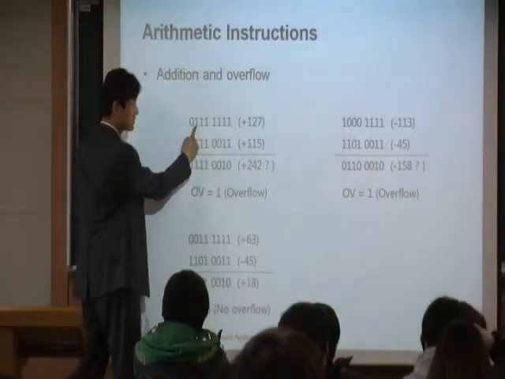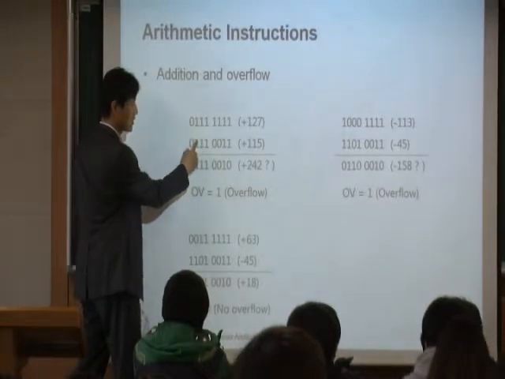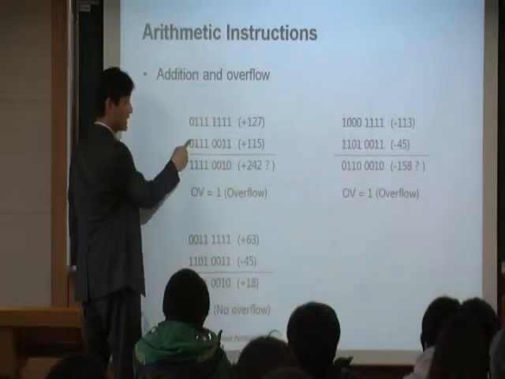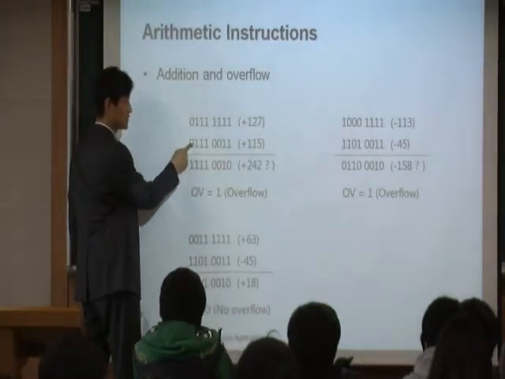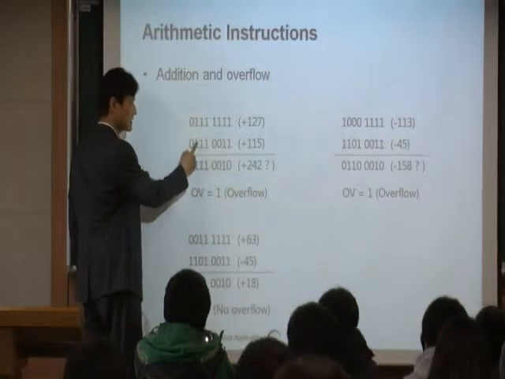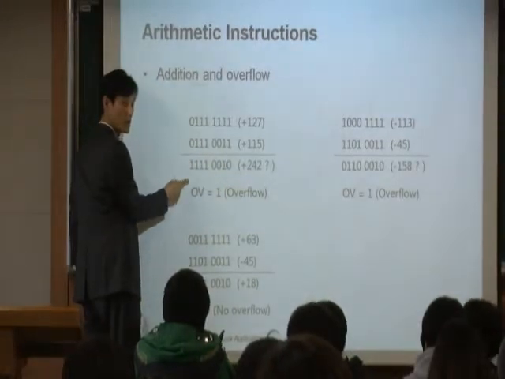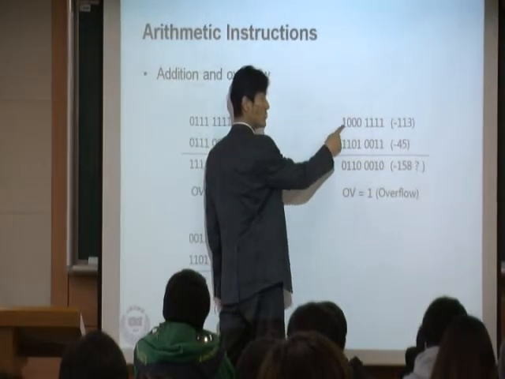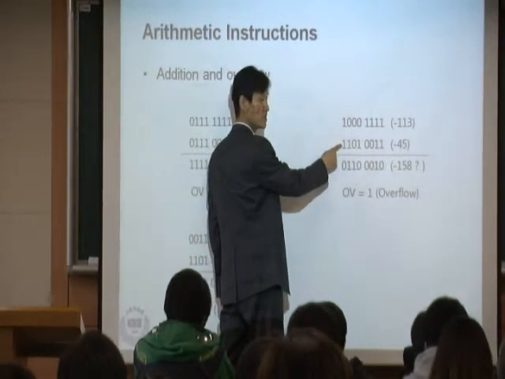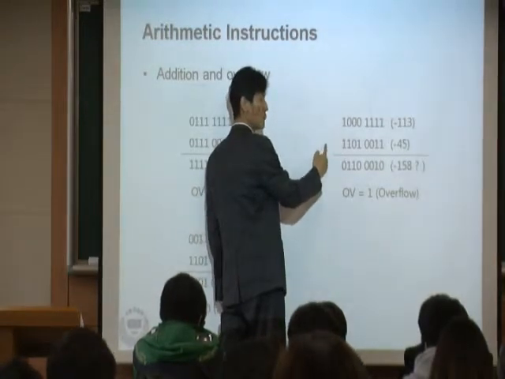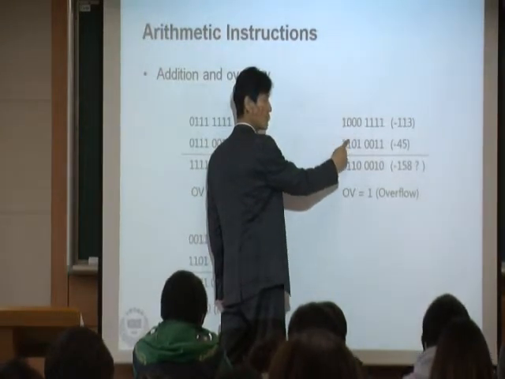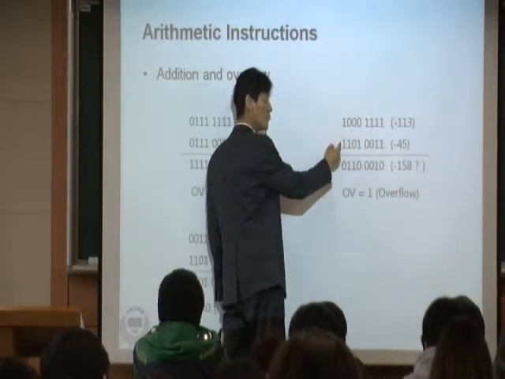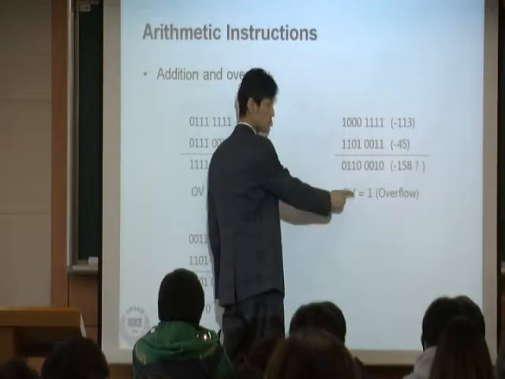In bit position 6, you have a 1, 1, so you have a carry. But in bit 7, you have a 0, 0, so there's no carry. Only bit 6 has a carry, so you have overflow. In this other case, you have a 1, 1 in bit position 7, so you have a carry. But look at bit 6: you have a 0, 1, so there's no carry from bit 6. Only bit 7 has a carry, so you have 1.